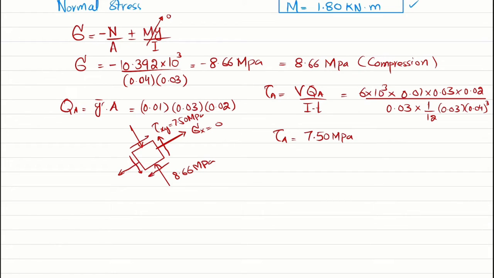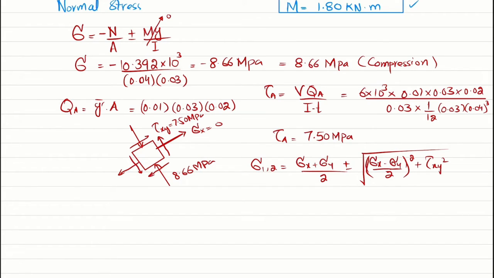So we want to find the principal stress. We know that principal stress sigma 1, 2 is equal to sigma x plus sigma y divided by 2, plus minus the square root of sigma x minus sigma y divided by 2 whole square plus tau of xy whole square.